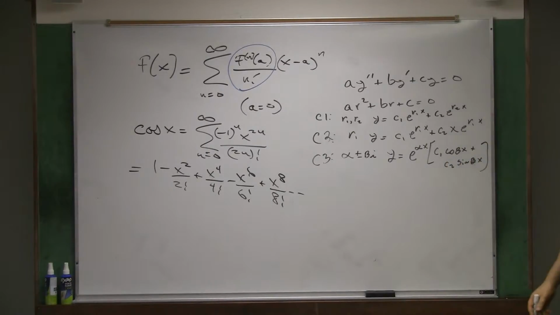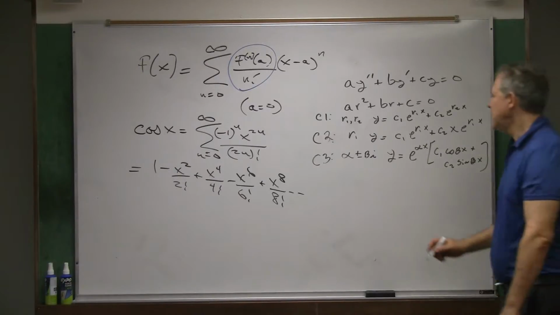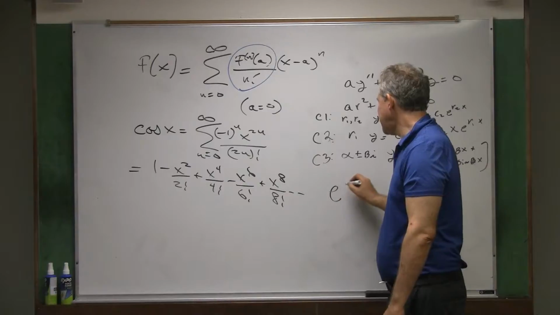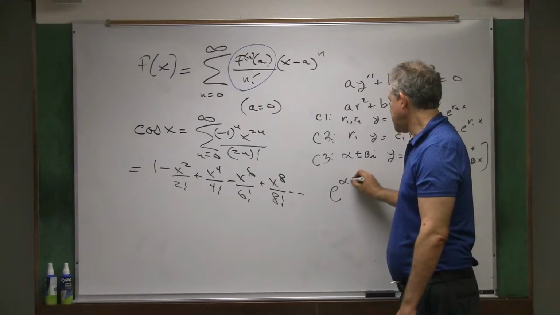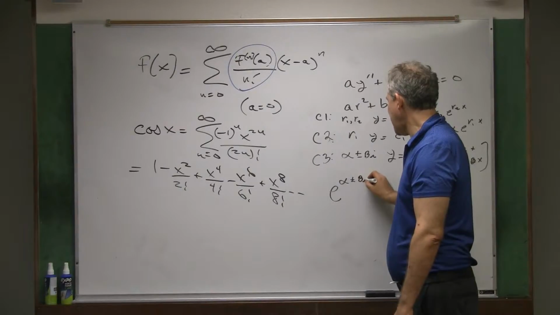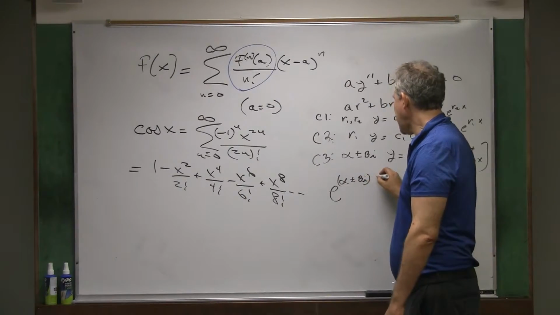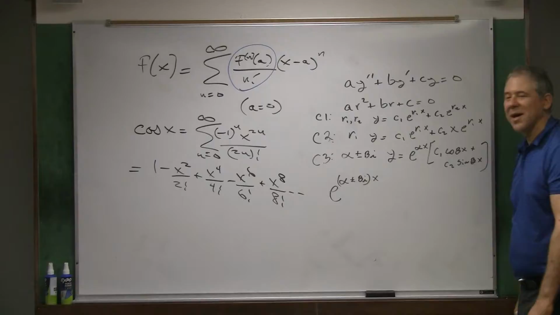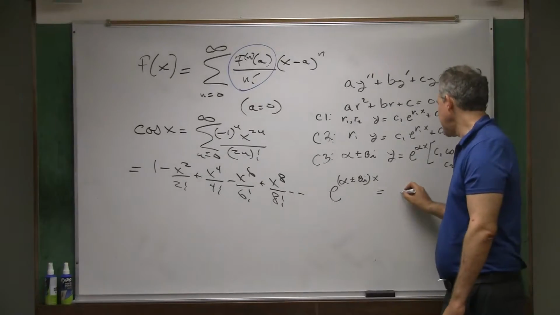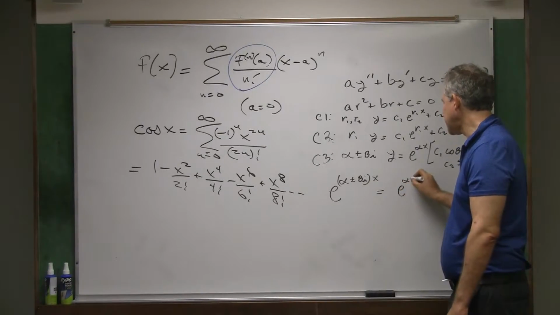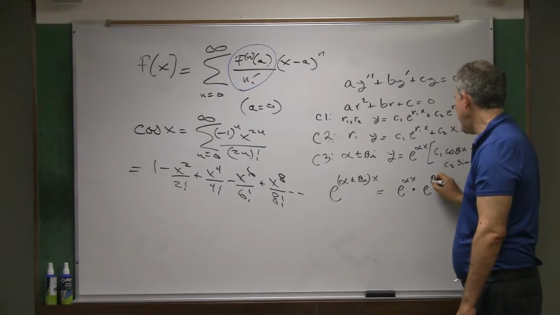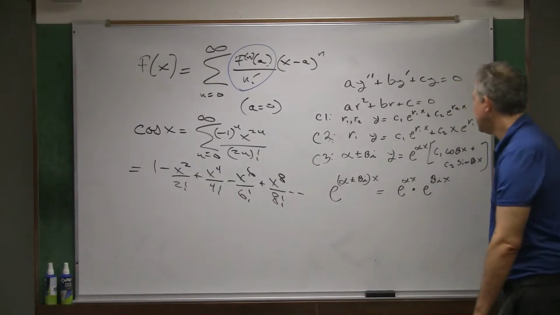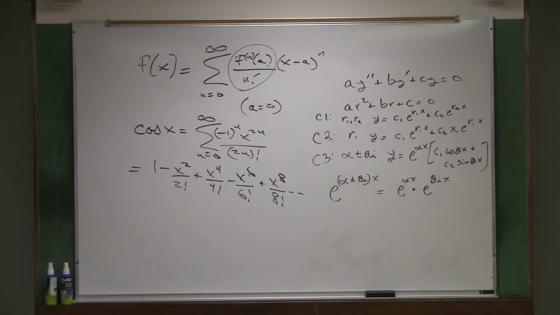Well, where that's coming from is you're going to have this e to the alpha plus or minus beta i times x, and you're going to get this e to the alpha x, and then you're going to be multiplying by this e to the beta i x.